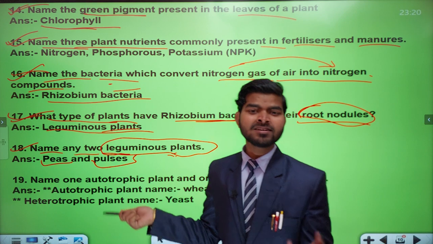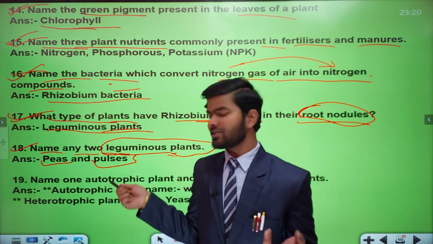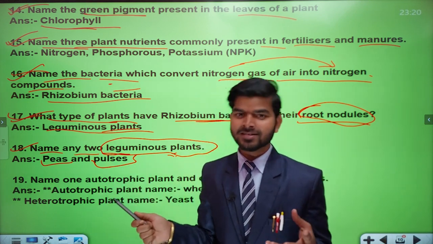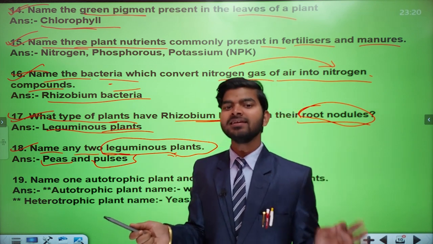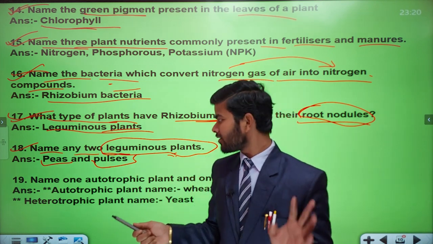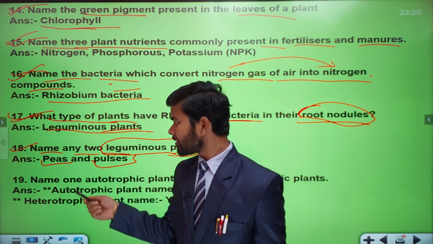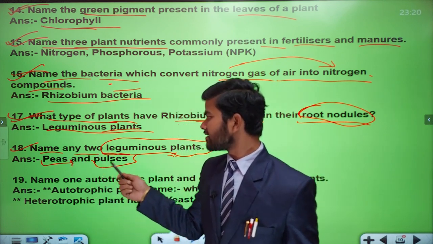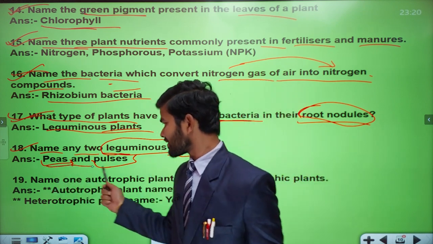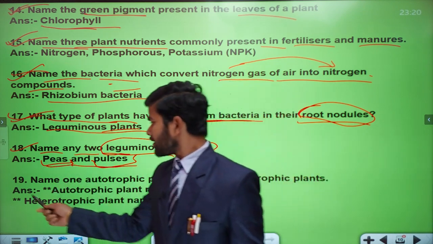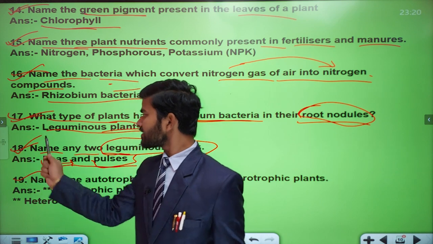Instead of pulses you can write gram, that means chana. Chana also contains root nodules, and root nodules contain rhizobia bacteria. All clear. The question is asking for examples of leguminous crops, so this is the correct answer. Question number 18 is completed.